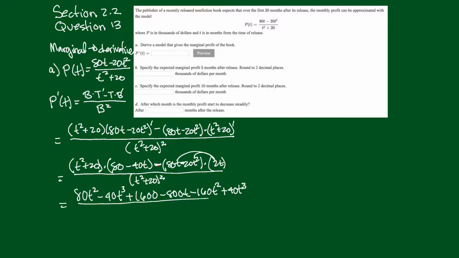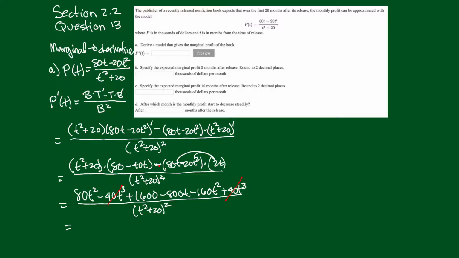And don't forget that denominator, t squared plus 20 squared. All right, so what happens here? In the top, the negative 40t cubed and the 40t cubed are going to cancel. So what are we left with now? I've got 80t squared minus 160t squared.